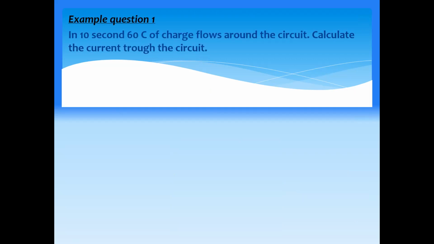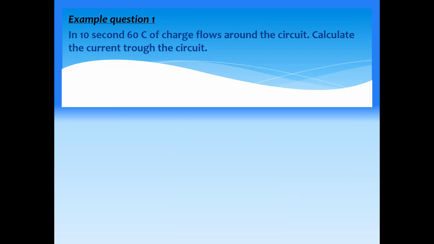In this example, in 10 seconds, 60 coulomb of charge is flowing around the circuit. Calculate the current.